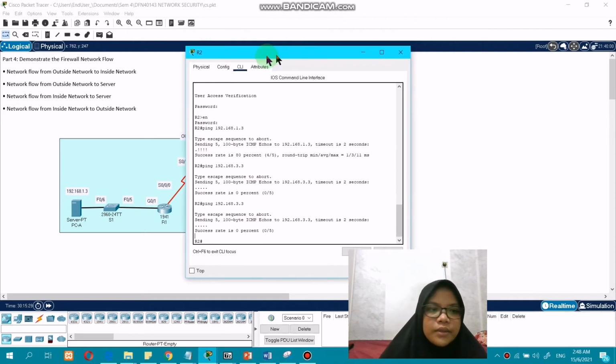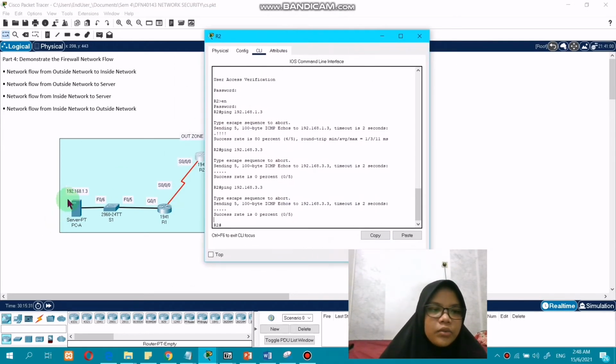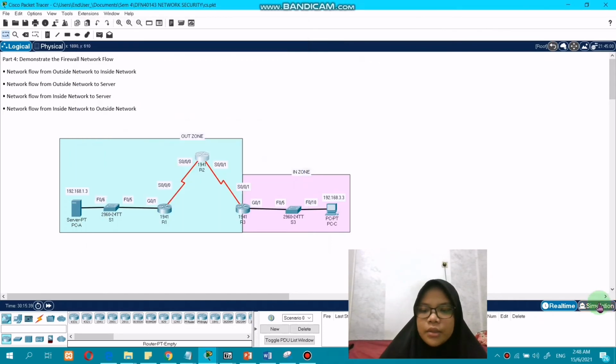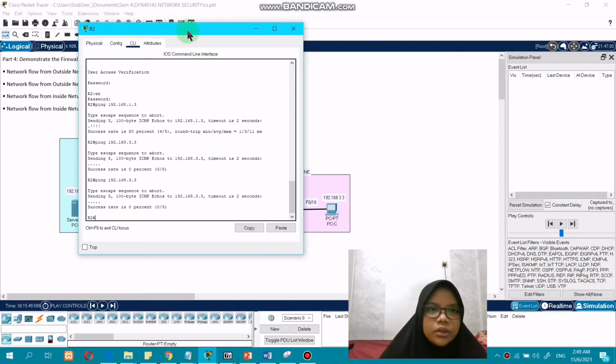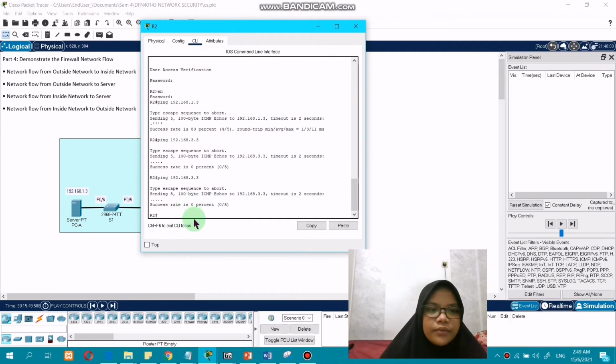So our server is 192.168.1.3. So open the simulation, open router 2 and give the command ping 192.168.1.3.